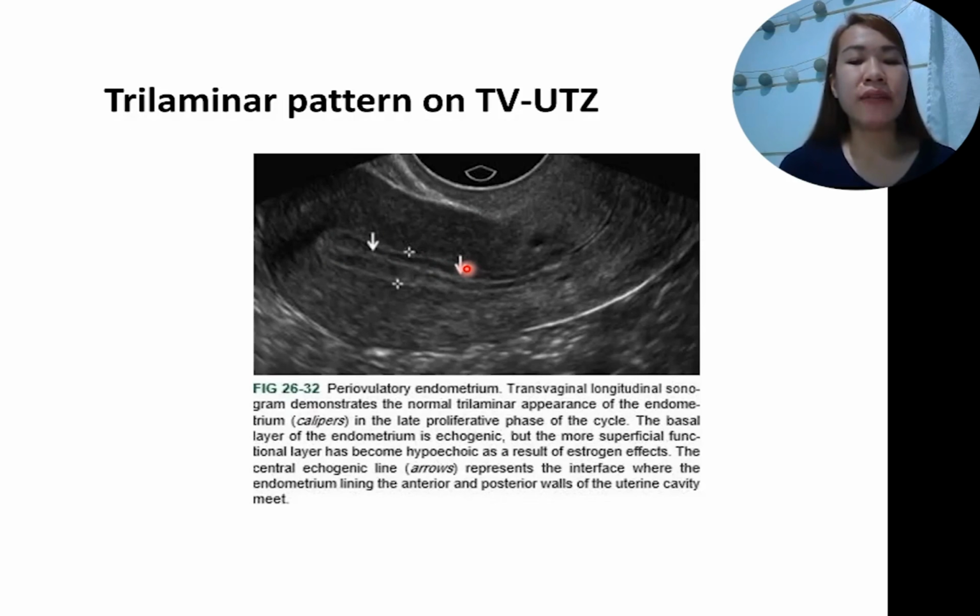The basal layer of the endometrium is echogenic, but the more superficial functional layer has become hypoechoic as a result of estrogen effect. This represents the interface where the endometrial lining of the anterior and posterior walls of the uterine cavity meet. If you see this trilaminar pattern, class, this is usually seen in ectopic pregnancy.